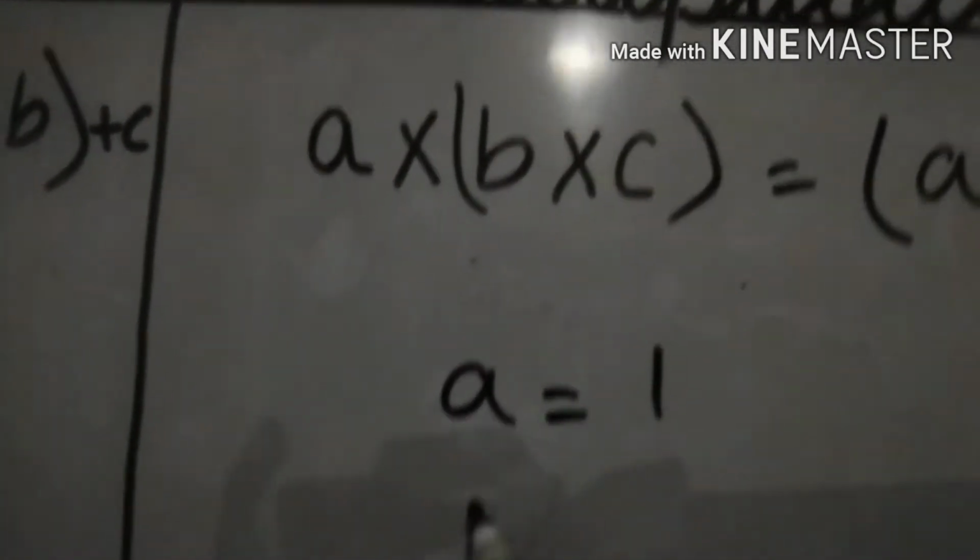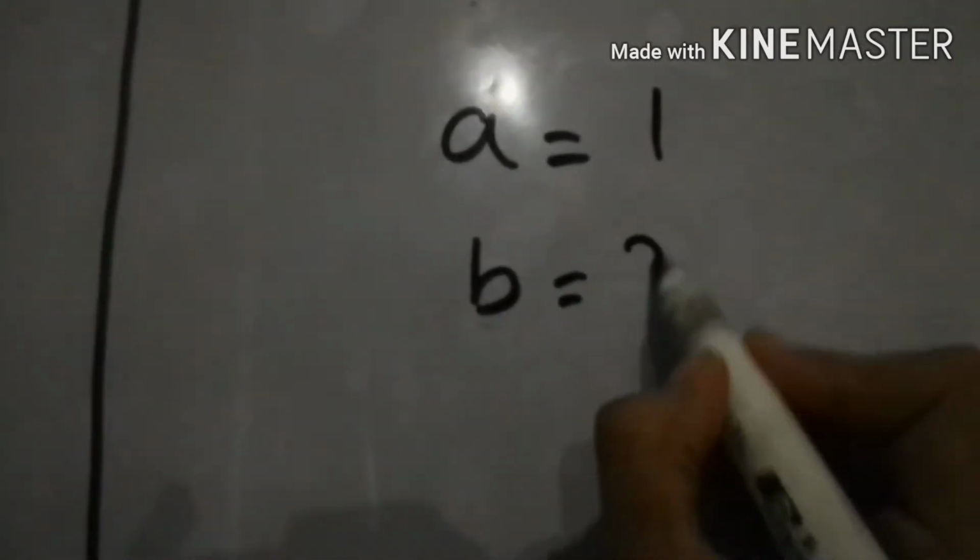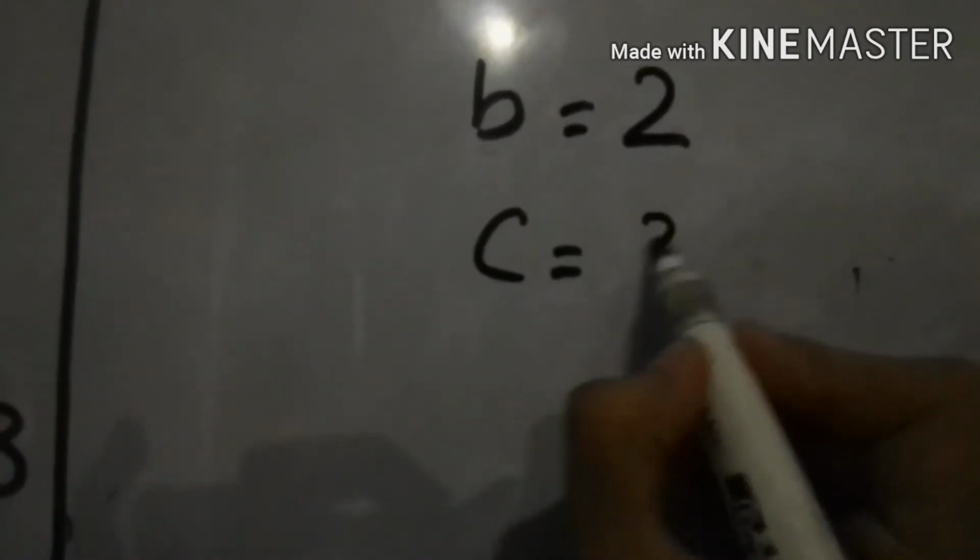A is equals to 1, B is equals to 2, C is equals to 3.